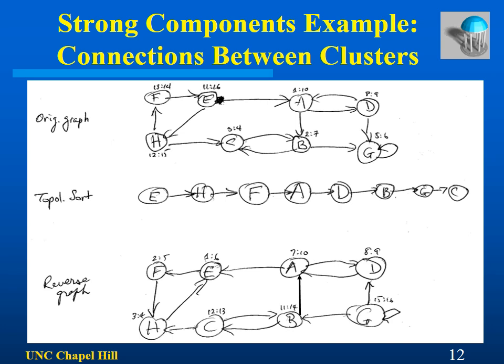That break that's implied by not following that edge identifies it as a connector edge between clusters up in the original graph. So in other words, the edge from E to A connects the EFH cluster to the AD cluster.